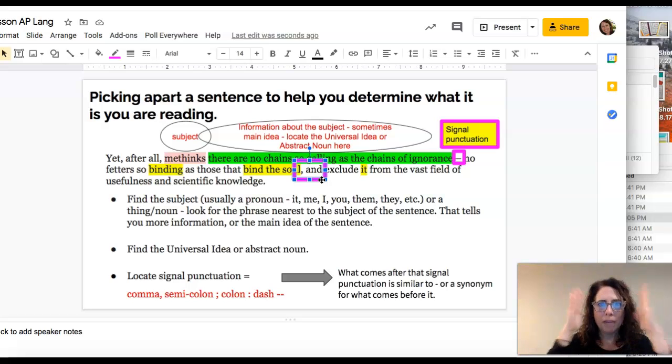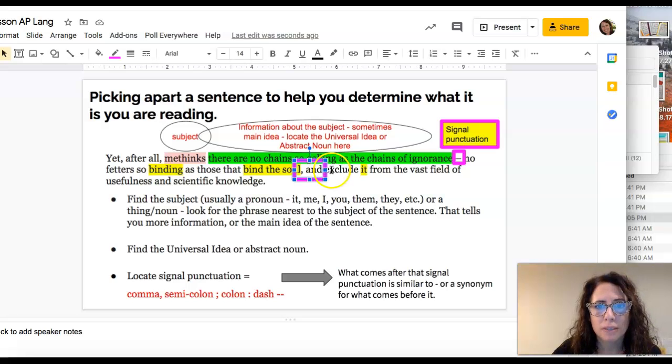So again, when I read, I'm starting to see commas and dashes and colons as gold. It's like, okay, this is going to tell me what's on the other side. If I can figure out the left or right side of that signal punctuation, I got it, because it's telling me more information or providing a likeness or similarity.